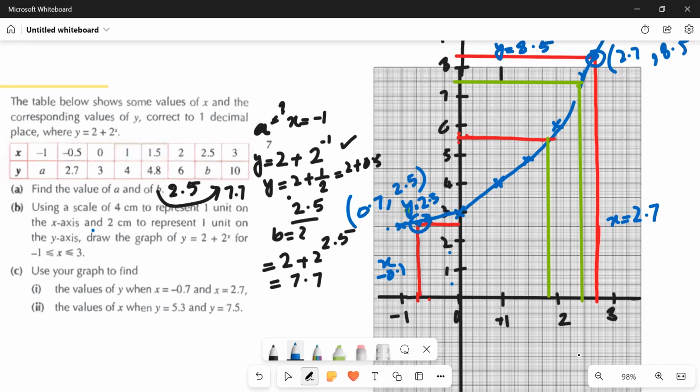Y is 5.3, and x is 1.7. So this point is 1.7 and 5.3. You write first x and then y. And for this point, y is 7.5, so we get x is 2.4 and y is 7.5.